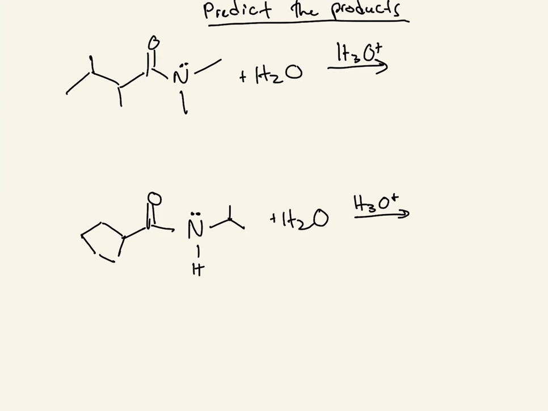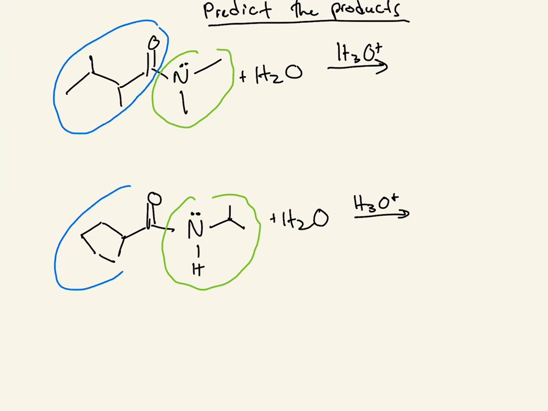So let's first, for both these reactions, identify the amine and the carboxylic acid side. So the amine side for the first molecule is going to be this, and on the second molecule, it's going to be that part. The carboxylic acid side has the carbonyl. So this is going to be the carboxylic acid side for both molecules.